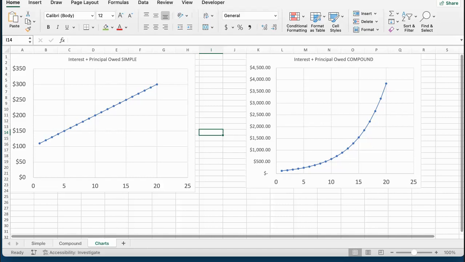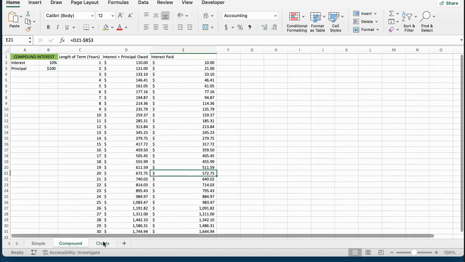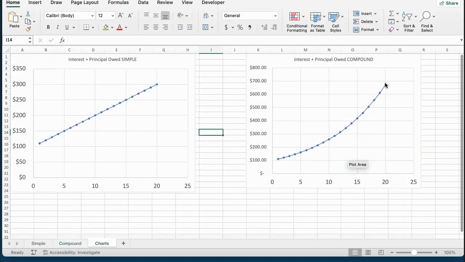So let's say instead of borrowing this money, you invested it in something and you earned 10% or 5%. Over the long term, this is exactly what's going to happen for you. So I'll give you that example. Let's say you earn 10% on a $100 investment. After 20 years, you'll have $572.